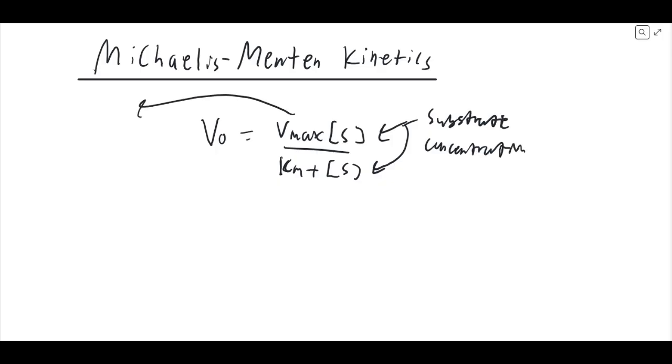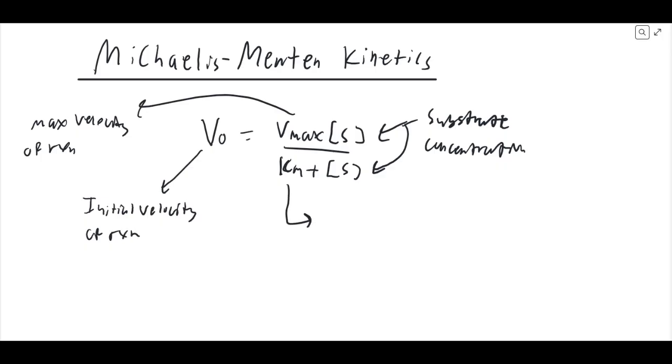Vmax is basically the max velocity of the reaction. V0 is basically just the initial velocity of the reaction.